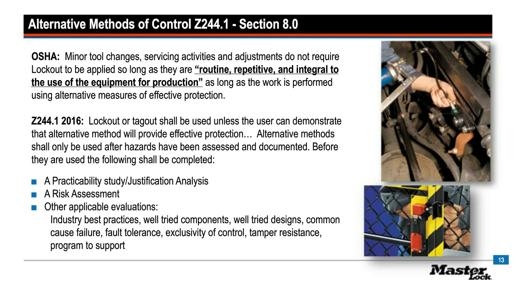Consider tamper resistance and other programs to support this alternative method. This sounds like a lot in a short amount of time. Not every one of these evaluations is always applicable to an alternative procedure, but information in each one of these areas is provided in the ANSI standard to give you a good idea of its applicability and its value in doing your risk assessment process.